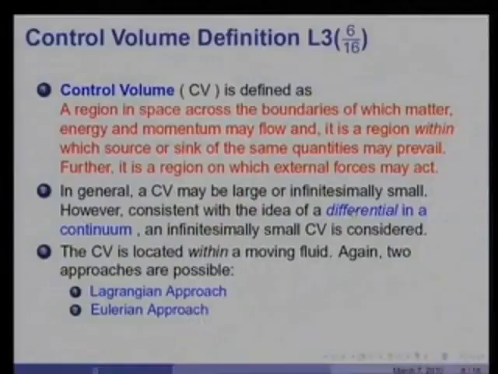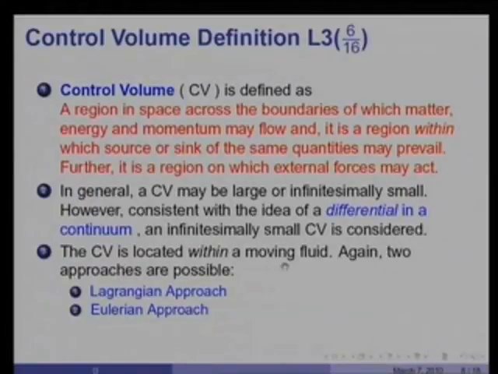In other words, when dx becomes very, very small, or the two points are brought very, very close to each other, a derivative is defined. The notion here is very similar. We want to represent our laws in terms of differential equations, and so in order to be consistent with the idea of a differential in a continuum, we shall consider an infinitesimally small control volume.